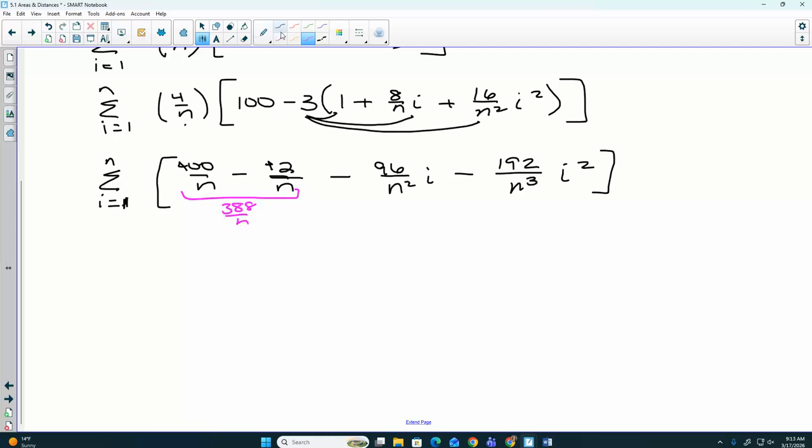When I add those up, do they have an i in them? So that means every time you're just adding it up. Do you remember from Friday, how do we add up a constant? I'm adding that up the first time, the second time, the third time, the fourth time, all the way to the nth time. So we just multiply that by n.